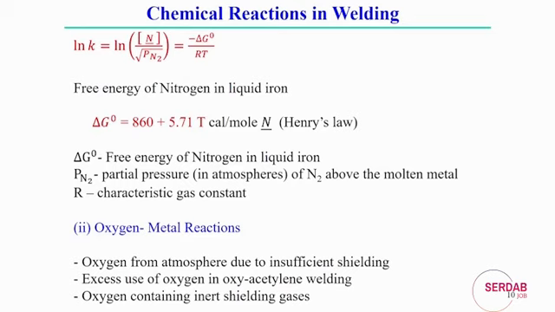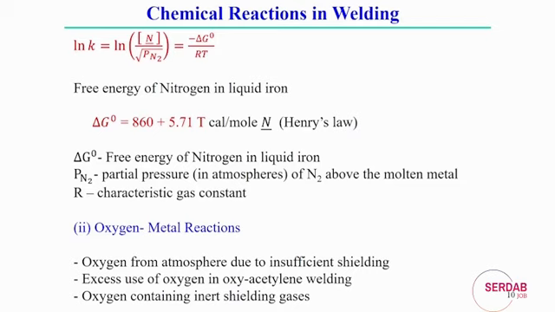Sometimes in oxyacetylene welding processes, the excess use of oxygen can be a source of oxygen. Sometimes the shielding gas may contain oxygen, either as an inherent property of the shielding gas, for example CO2, or sometimes we intentionally mix oxygen with the shielding gas. For example, in the activated TIG welding process, we can use oxygen with the shielding gas.